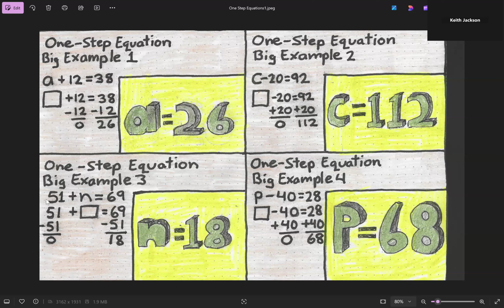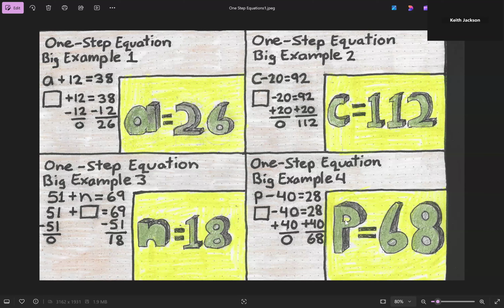We're going to do that by subtracting 51, because this is a positive 51, meaning we have to do the opposite operation by subtracting 51 from both sides so we can get a 0 on one side and a number on the other side. And so 51 minus 51 will give us 0, while 69 minus 51 will give us 18. We know now that 51 plus 18 will actually give us 69. And so n is equal to 18.